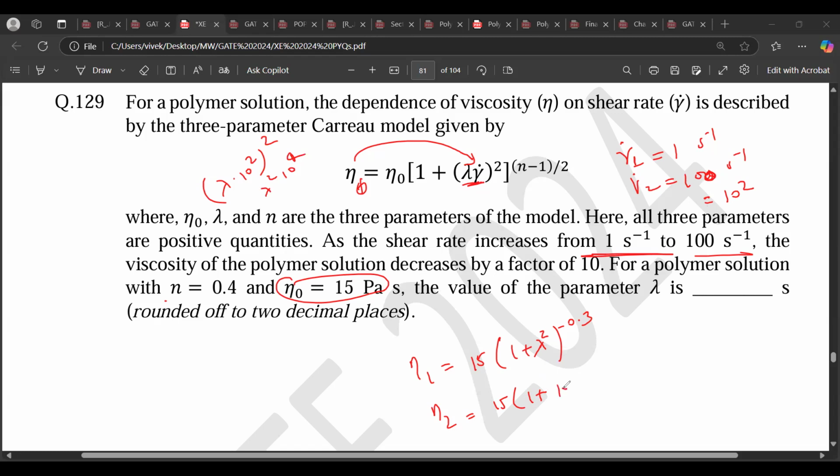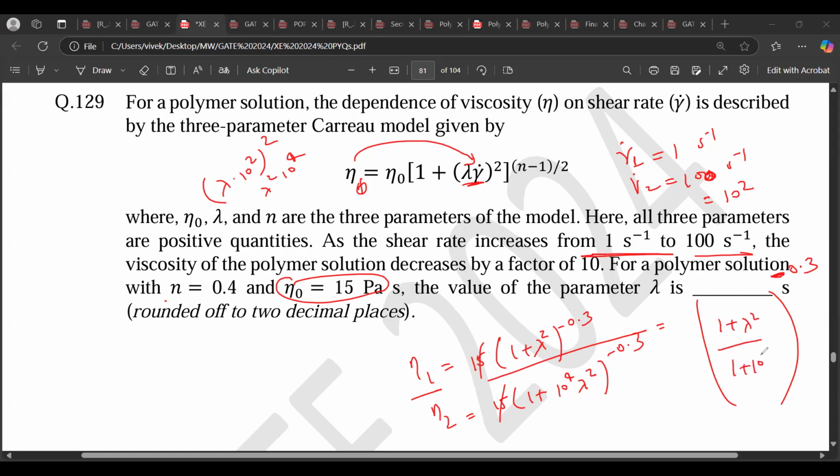So it's 10 to the power 4 into lambda squared, to the power minus 0.3. If you divide it, you see this power is the same, so you can write a simplified version. This power can go as a whole, right? And you can write the final form.